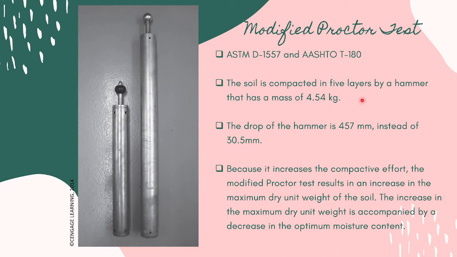And comparing the mass of the hammer, the mass of the hammer in the modified Proctor test is greater than the mass of the hammer in the standard Proctor test. And also, the drop of the hammer is 457 mm, instead of the 30.5 mm in the standard Proctor test.